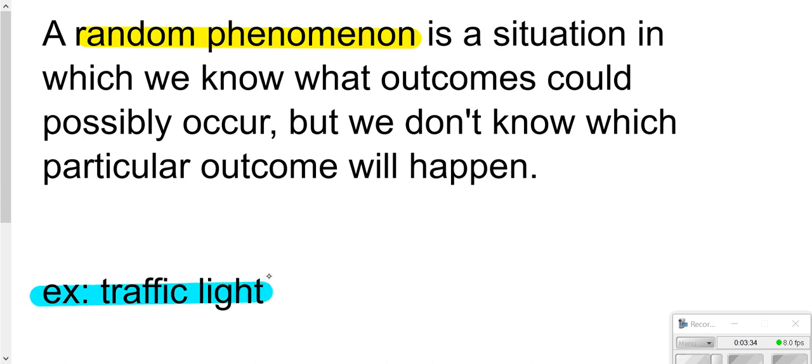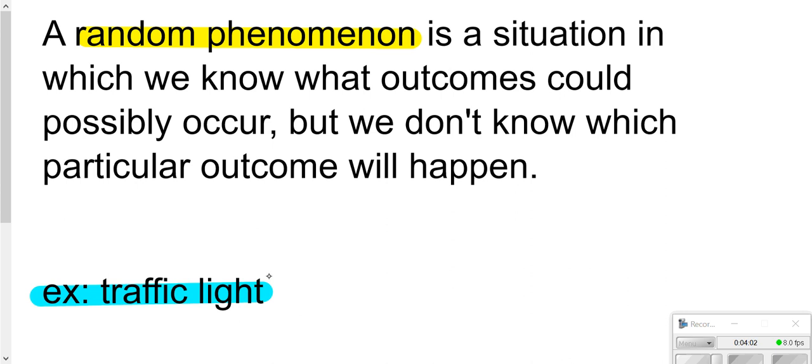With a traffic light, we certainly know the options of what is going to happen when we pull up. We are either going to see a red light, a yellow light, or a green light. The thing is, we're not really sure which light we're going to see, right? If I'm sitting here in my house and I'm thinking, I'm going to drive up to the Jewel later and go grocery shopping, I don't know when I get to the intersection which color light I'm going to see, but I'm going to see one of them. That makes it a random phenomenon.